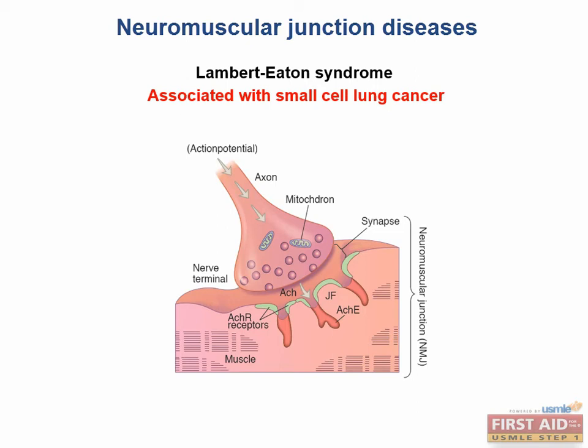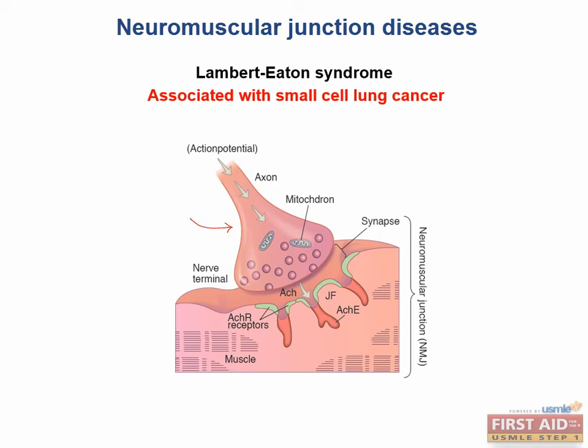Here, the problem starts earlier than the acetylcholine receptor. Antibodies are formed against the presynaptic neuronal voltage-gated calcium channels. Therefore, when patients send a signal to contract, the action potential travels along the neuron, gets to these voltage-gated calcium channels, and causes them to open.